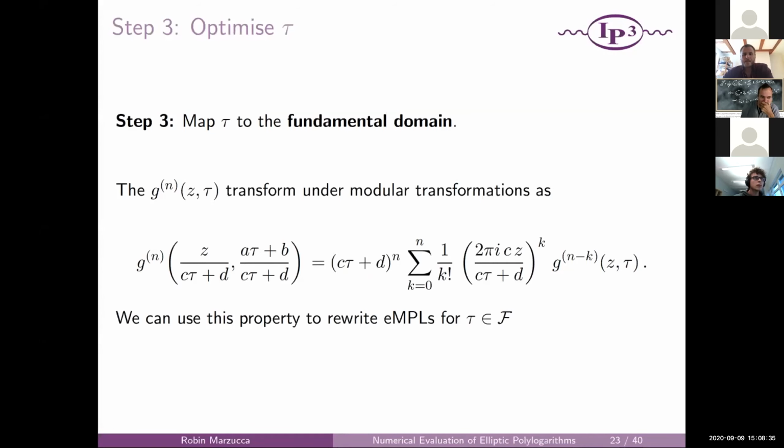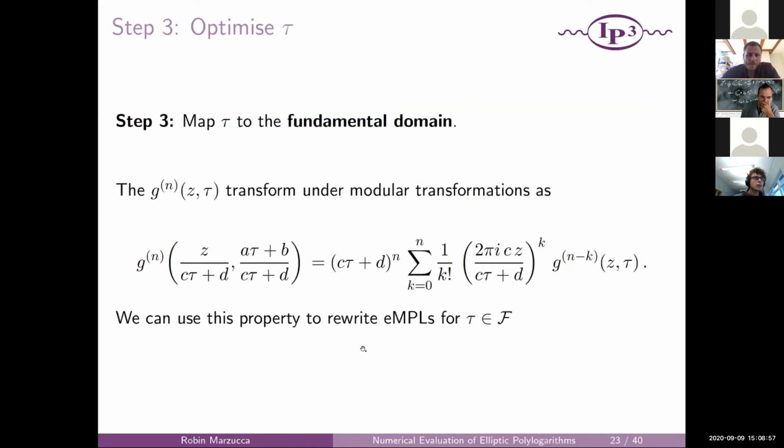Now, this is step 3, so we optimize tau, which means we map it to the fundamental domain. And to do this, we have to use the properties again of these Kronecker-Eisenstein coefficients. So under modular transformations, they transform as you can see here.